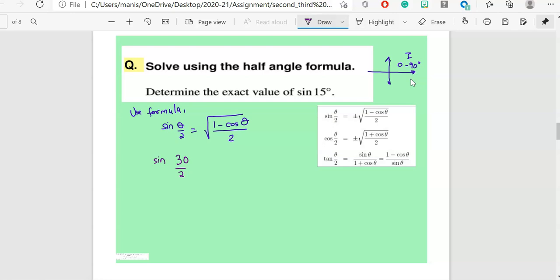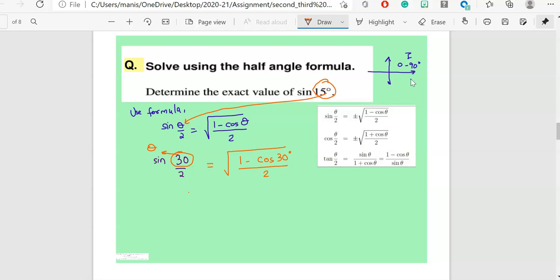So it is telling you the value of theta is 30 degrees. So when I plug this in over here, 1 minus cosine of theta, what is my theta? Theta is my 30 degrees, divided by 2. Do keep in mind, in this case we have been given 15 degrees, but we cannot use 15 degrees. If I write 15 degrees at this place, it will become 15 over 2, which will give me 7.5.